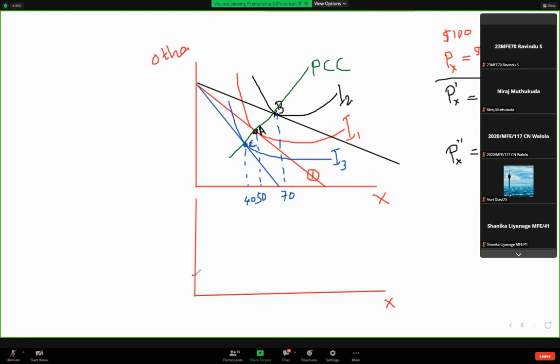Here, on this curve, let's say $2, $4, and $5.